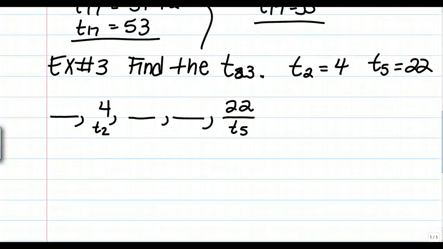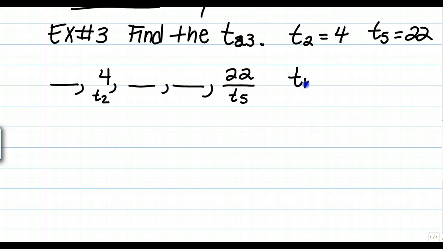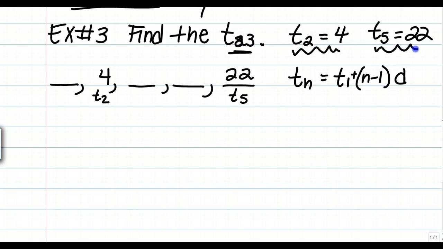So we're going to have to use our formula in order to find out the 23rd term. So let's look at what we know. We have to use the second term and the fifth term in order to find this. Because if you start to plug in things, we know that we want the 23rd term.